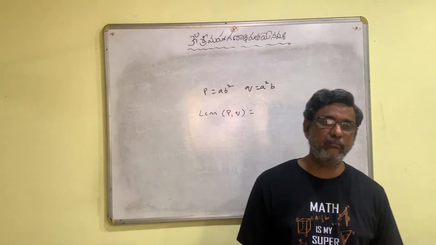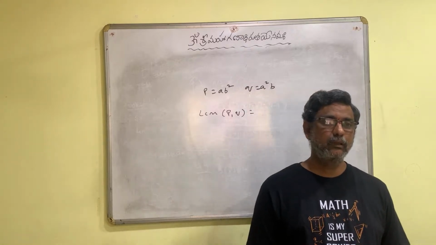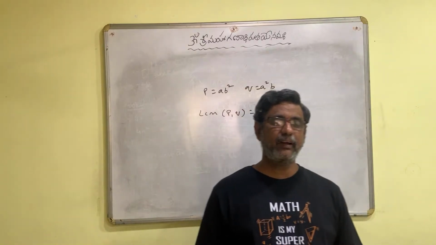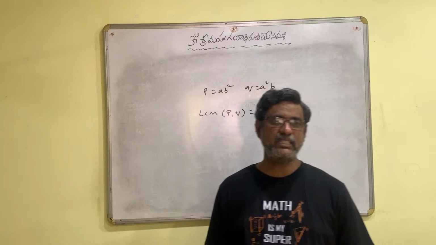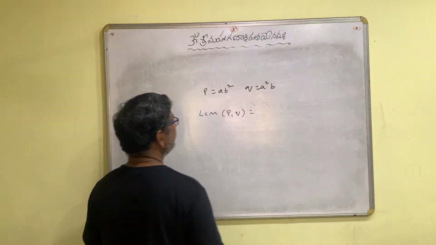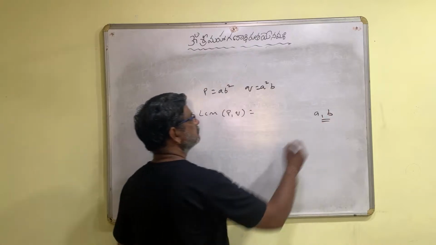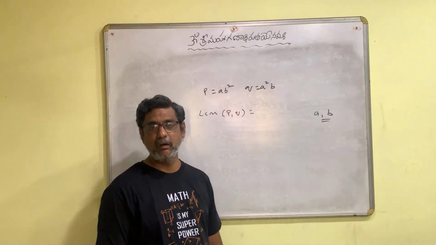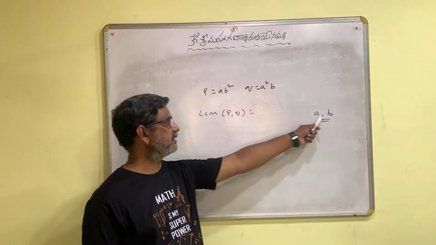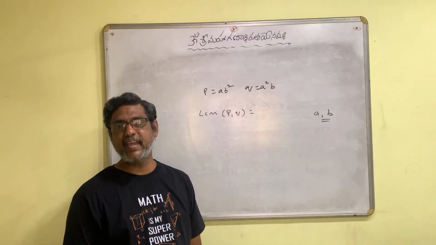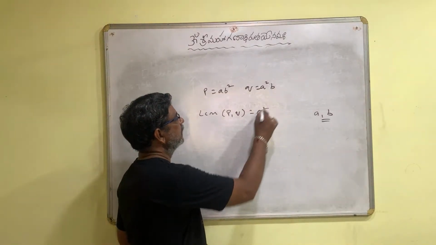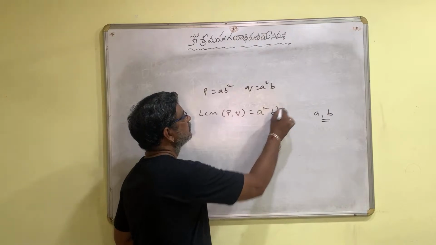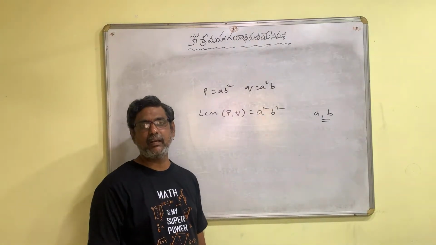Different prime factors with highest powers. So here, different prime factors are A and B. What is the highest exponent of A? A square. What is the highest exponent of B? B square. So LCM is A square into B square.